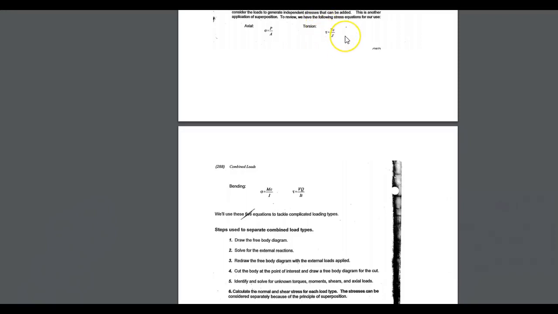And with torsion, we have cases where we had a drive shaft, for example, that had a torque exerted at one end and then maybe an intermediate torque exerted, so that the torques on different parts are different.